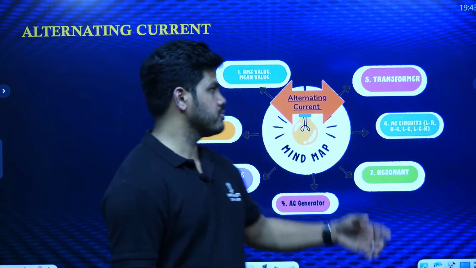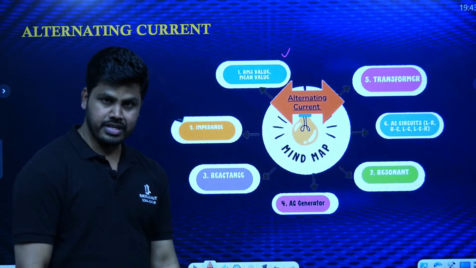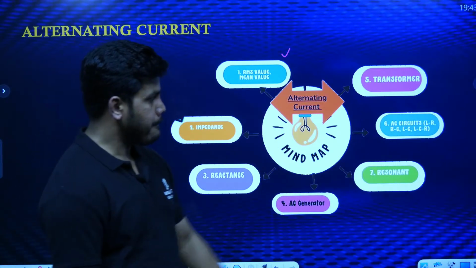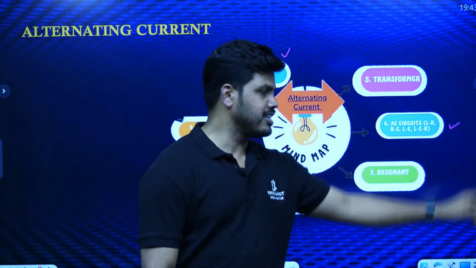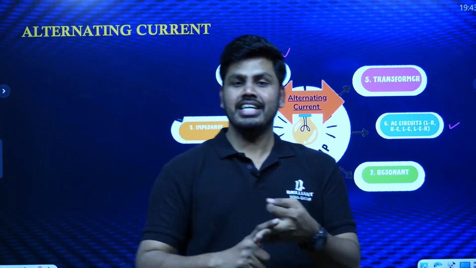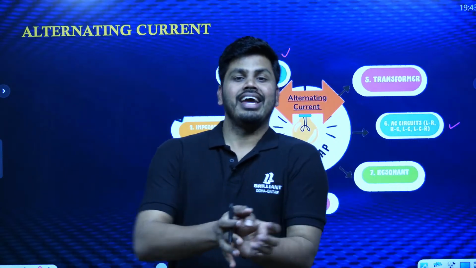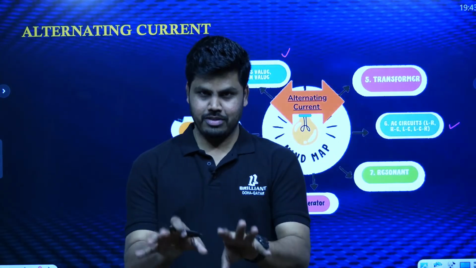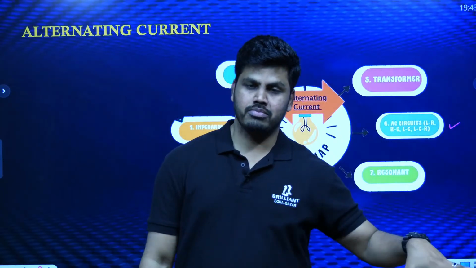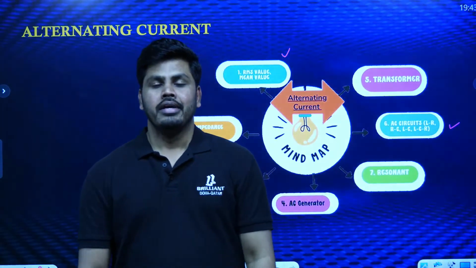That kind of basic concepts makes the basics of alternating current, followed by AC circuits, in the sense AC passing through resistor, capacitor, inductor separately. Those concepts should be perfectly fine, then only you can enter LCR circuit with confidence, otherwise you can't go. So make sure these 3 concepts are perfectly fine conceptually and mathematically.